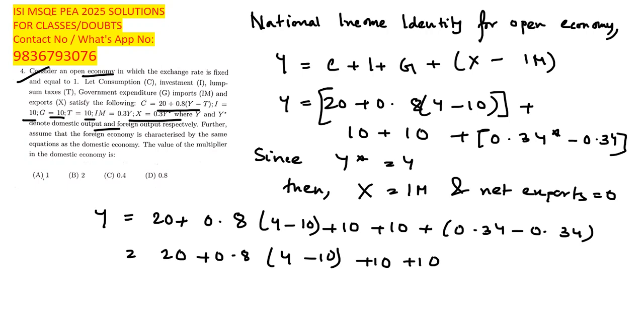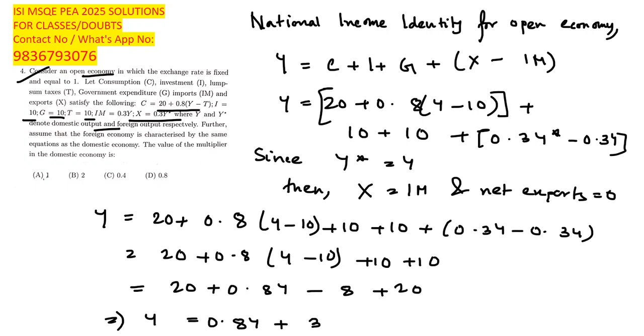We are simplifying the equation. Okay. So 20 plus 0.8Y minus 8 plus 20. So here we finally come to Y is equal to 0.8Y plus 32, or Y is equal to 32 by 0.2, that comes to 160. So this is the final answer.